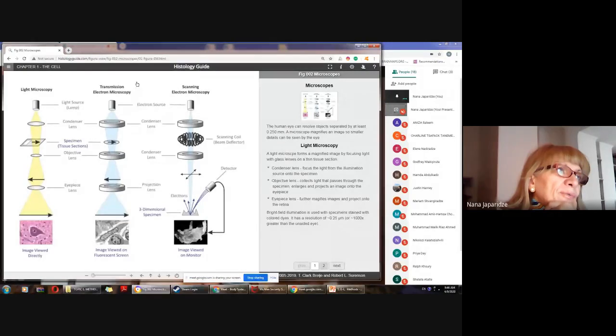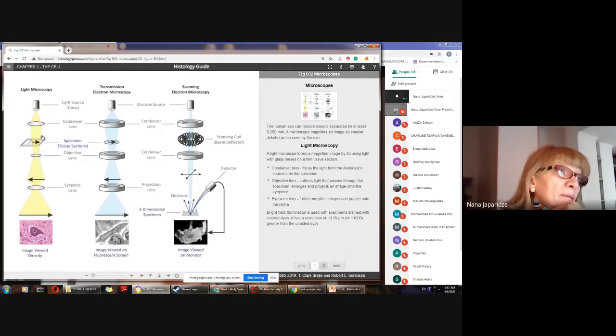So in the case of transmission electron microscopy, what happened in the case of light microscopy? The light source, which is a lamp here, gives rise to the beam of light, and the beam of light moves through the condenser lenses and then to the stage where the tissue section is allocated.